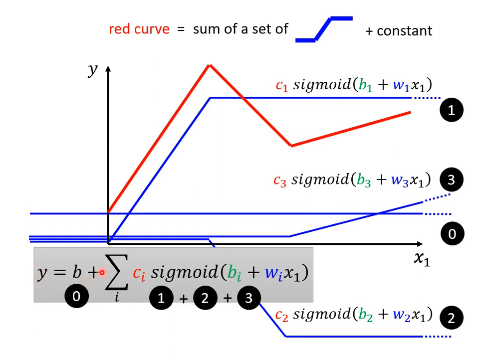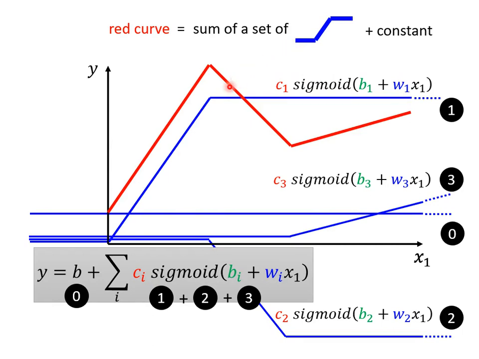Assume that we have a function, and we write it out in this form. If we treat the parameters in this formula, which are b, w, and c, as arbitrary variables instead of constants, then we can set different b, w, and c for each function, and create different blue functions. By stacking these different blue functions, we can make different red curves.